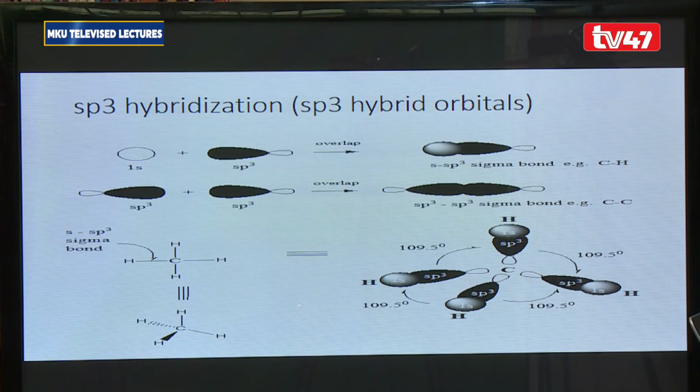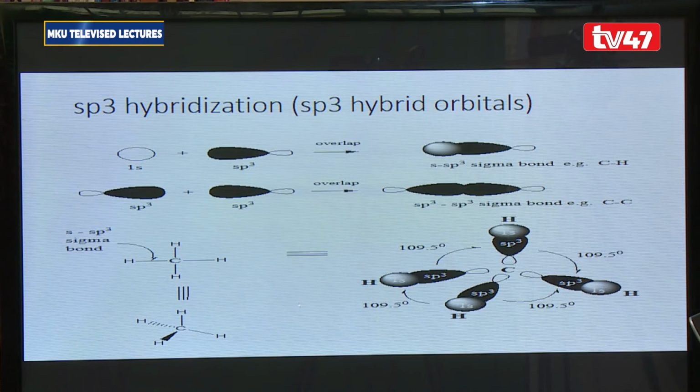So 25% in an sp3 hybrid orbital is s character, and 75% is p character.